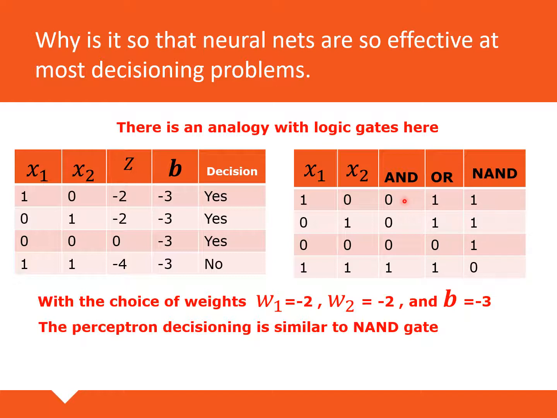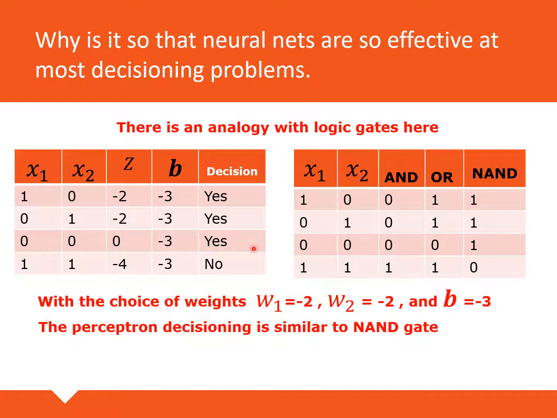If we do that, we get some outcomes, and if we inspect the outcome that we get for the NAND gate, it is very similar to the decision that we are getting by the particular choice of weights.